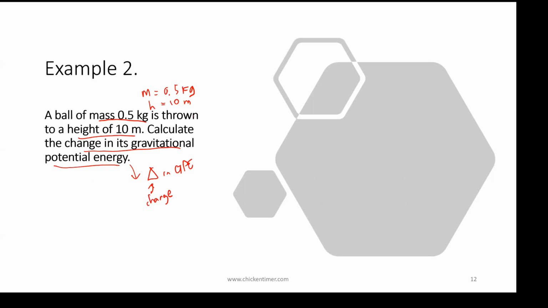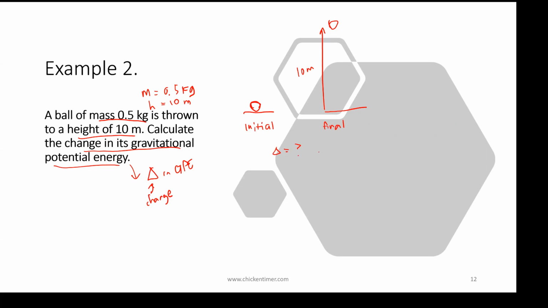When they say change, that means you do have to measure initial and final. So initially, the ball is on the ground. Then after that, you throw it. Then it goes up 10 meters. This is the final.